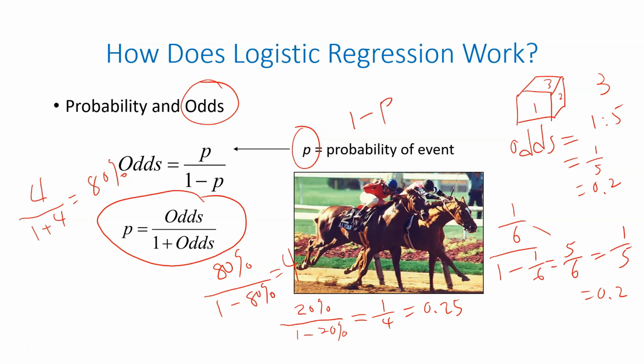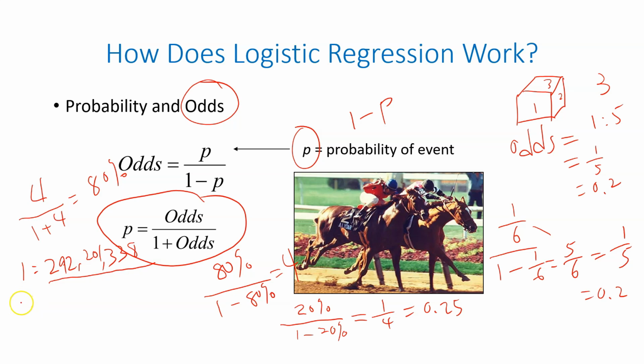The odds of winning the grand prize of Powerball is 1 to 292 million and 201,338. So in other words, the odds of not winning the grand prize of Powerball is 292 million and 201,338.